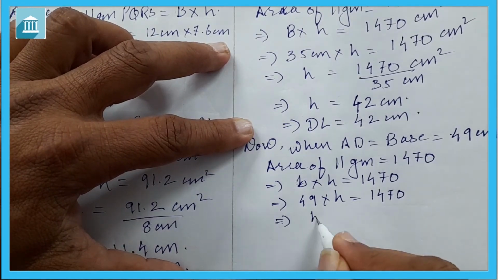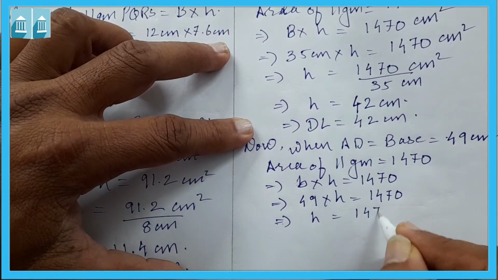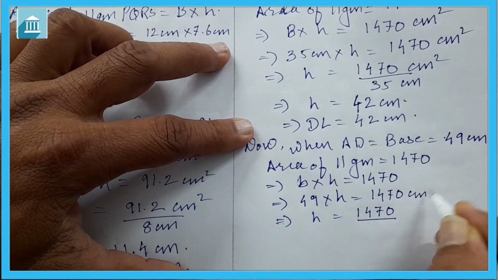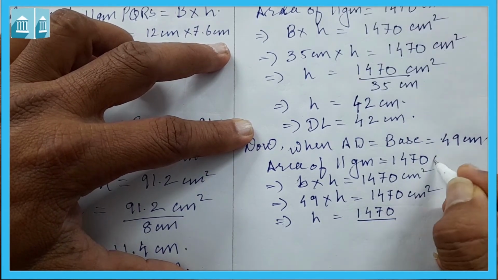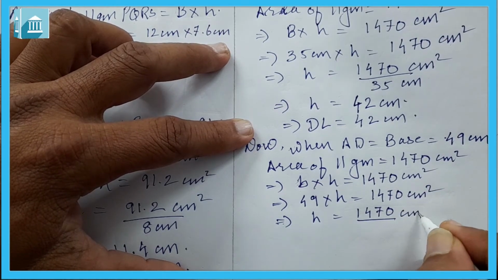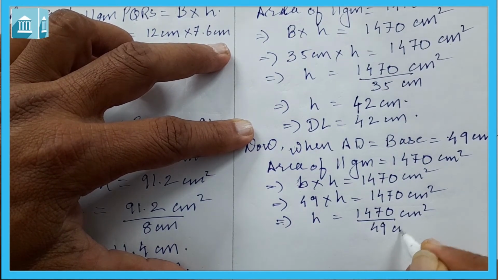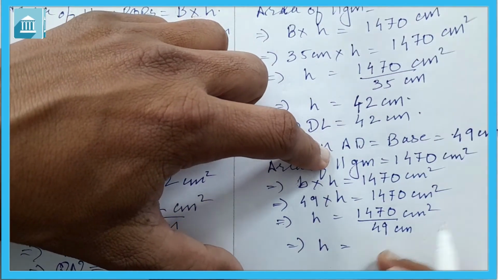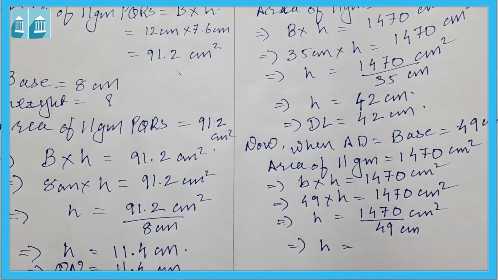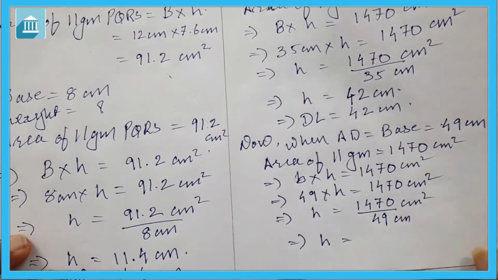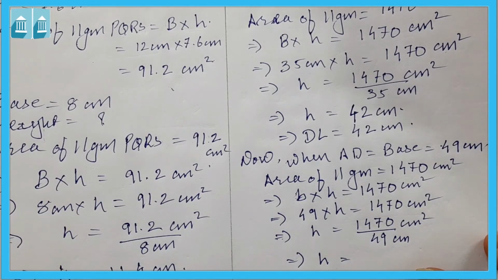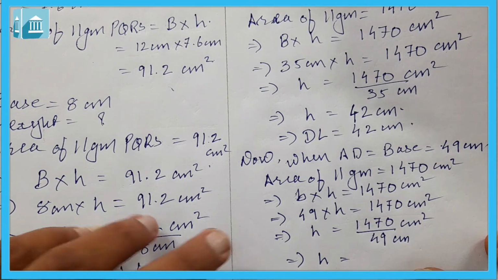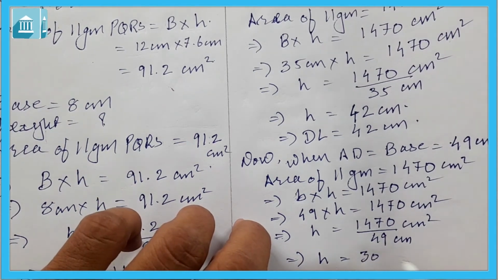So height is equal to 1470 centimeter square upon 49 centimeter. Dividing, 1470 divided by 49 is equal to 30 centimeter.